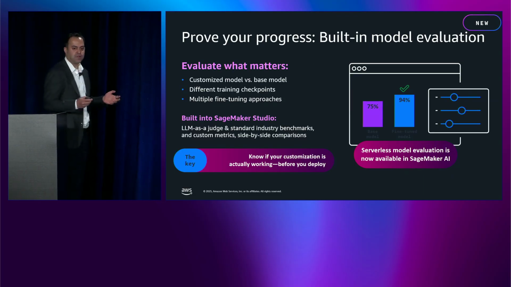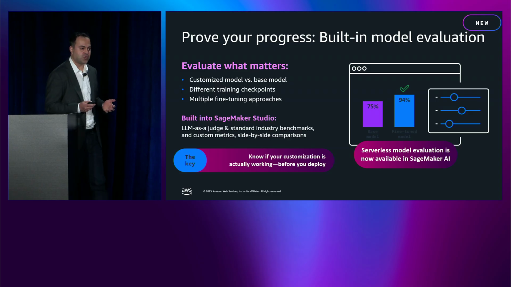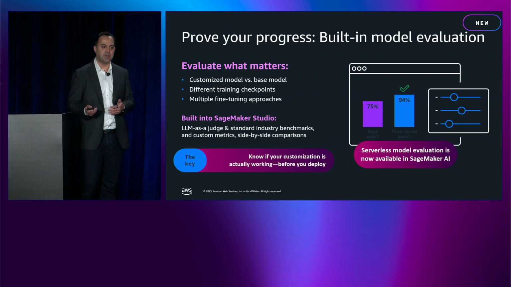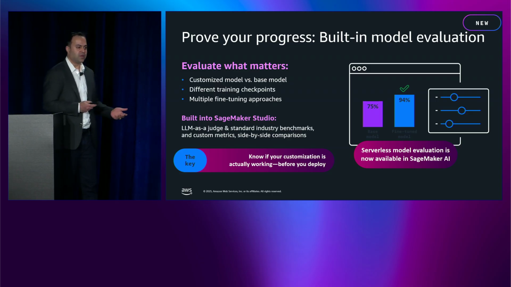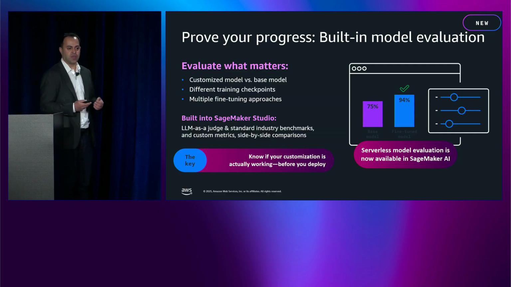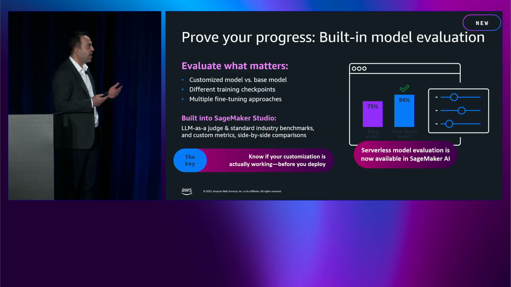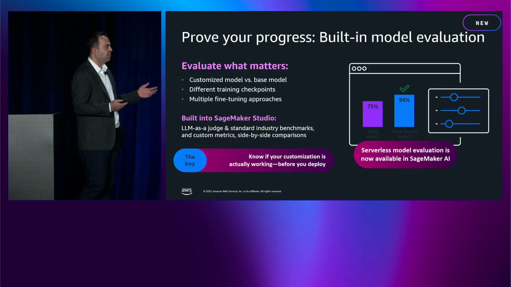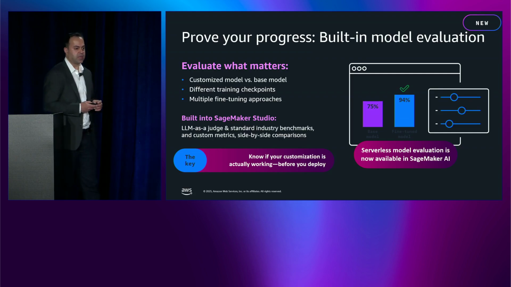Now, once you've customized your model, you also want to make sure that it's actually better than the model that you started with. Now, to do that, evaluation of the model that you've customized is extremely important. So for that, we've also launched a new model evaluation capability. Again, this is available both through the API as well as our UI, which is SageMaker Studio.